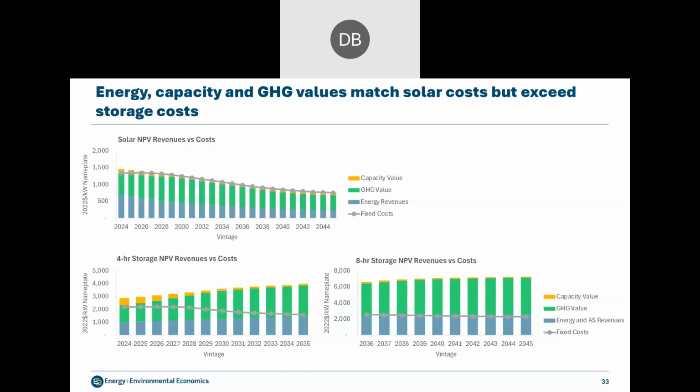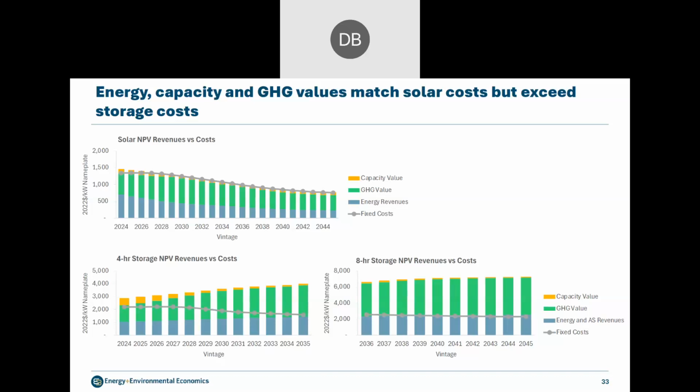So solar vintage 2024 here means a solar resource that was built and started generating in 2024. And then this solar resource will provide energy, GHG, and capacity value during its lifetime for the next 30 years. So the bar that you are seeing here represents the net present value of all those values added together.